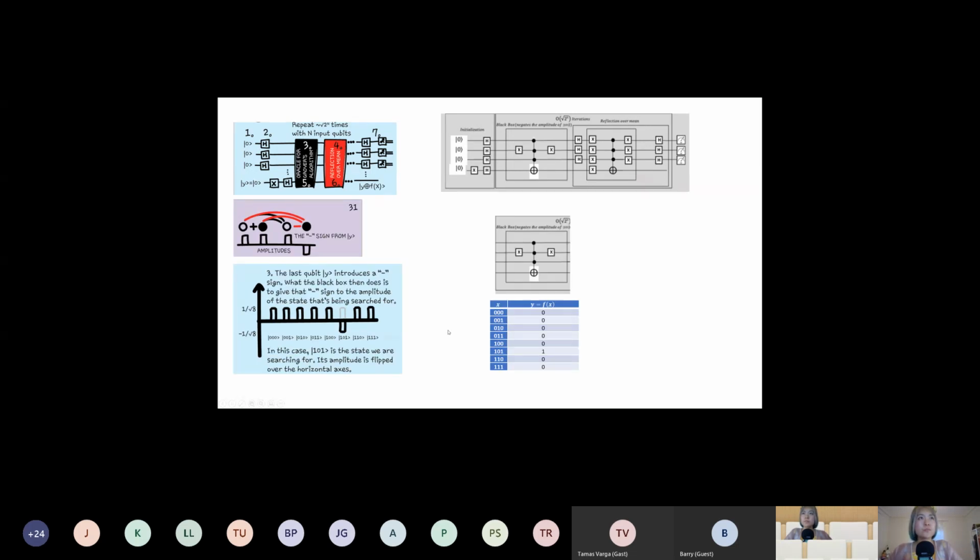mentioned, introduced. What this does is, if you want to set up a 101 black box, you would put the X gates around your second bit because your second bit is 0. And then what happens in here is this very last bit is used to introduce a negative sign.